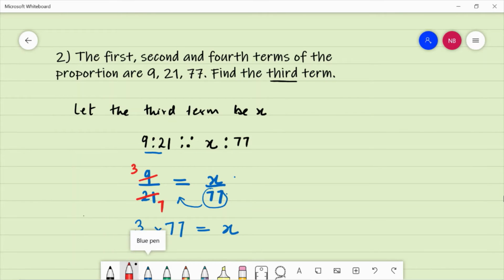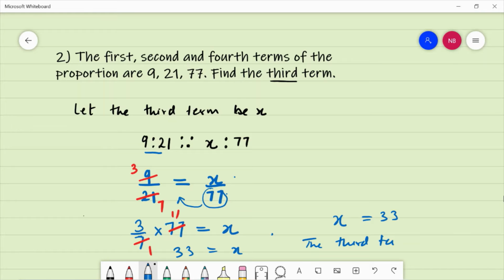Can we reduce it further? Yes. I'll write 1 and this is 11, so this becomes 33. 3 into 11 is 33. So 33 is equal to x. What is the value of x? It is 33. That means the third term is 33.